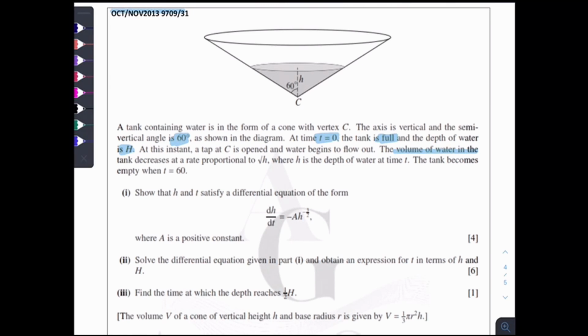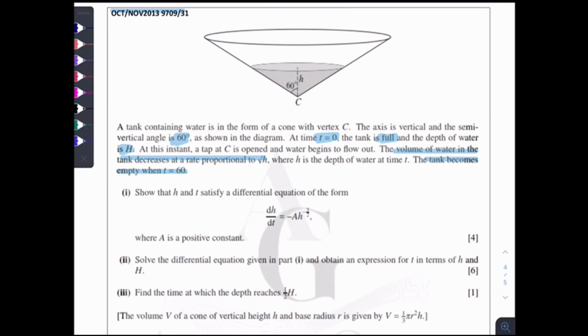Alright, so this sentence is important to form the differential equation, where h is the depth of the water at time t, and the tank becomes empty when t equals 60. So for part 1, you are asked to show that h and t satisfy this differential equation. So you are asked to prove this differential equation.